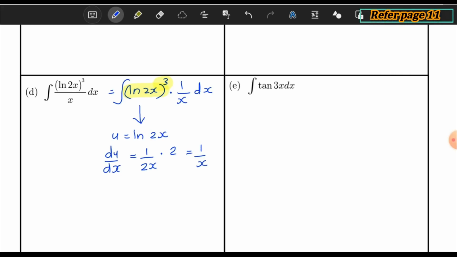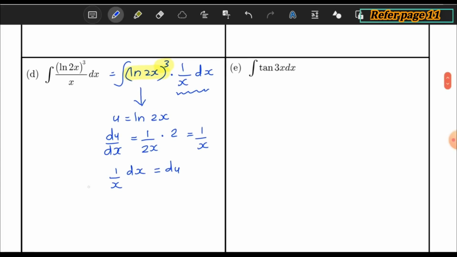And look at your second function, 1 over x and dx. Therefore, we can rearrange the derivative: 1 over x dx equal to du. Now we substitute, integrate.